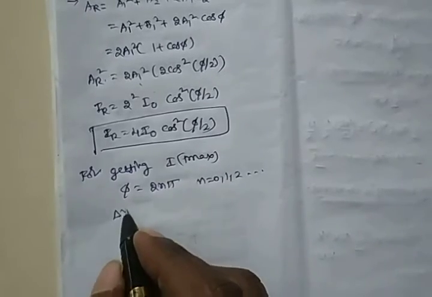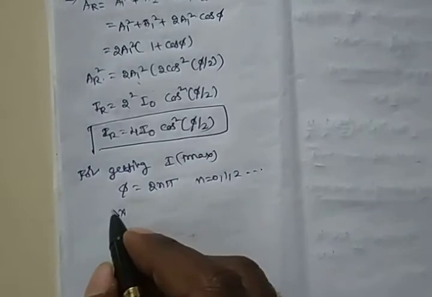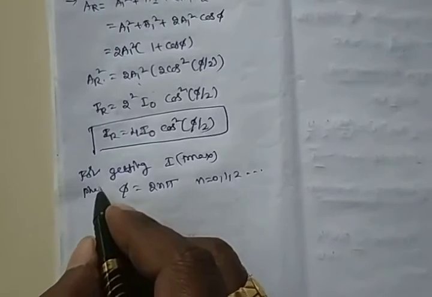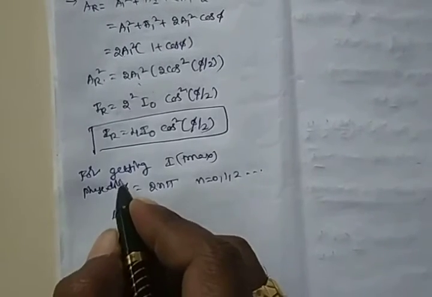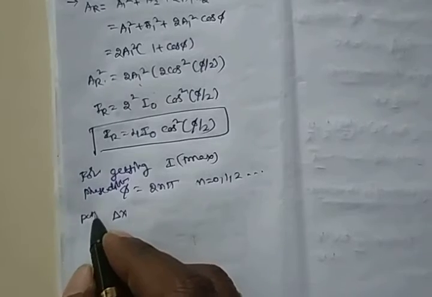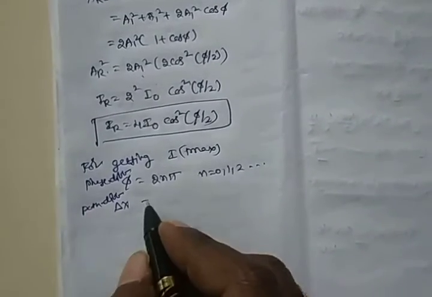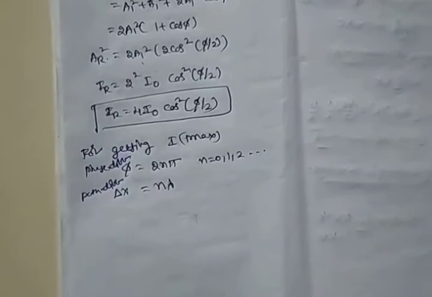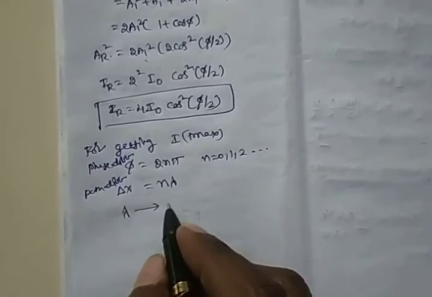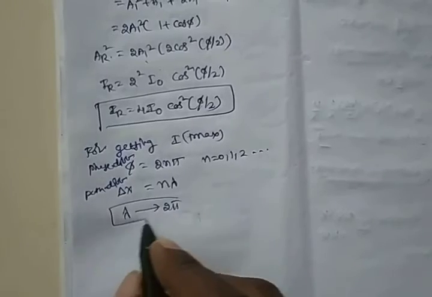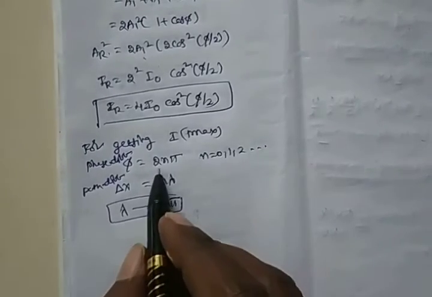Then the path difference is represented by delta x. This is called the phase difference, and this is called the path difference. The path difference is nothing but n lambda. Remember, for lambda you will get a phase difference of 2 pi, so instead of 2 pi you can write lambda.